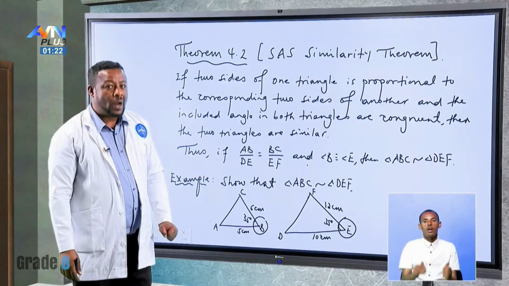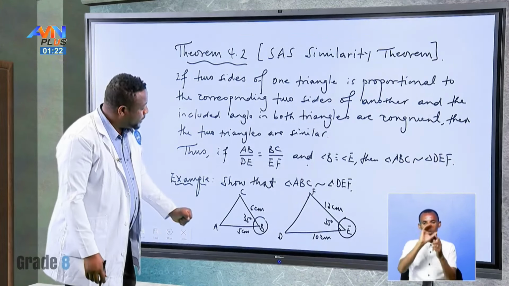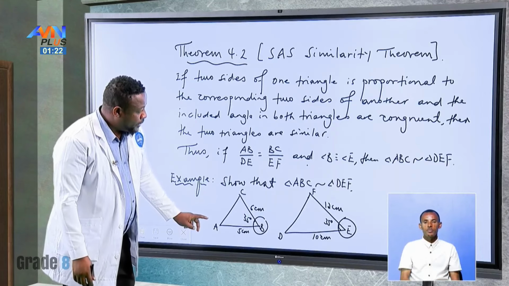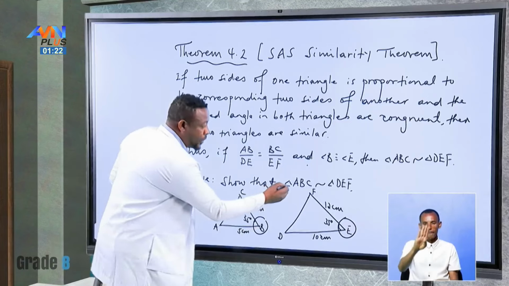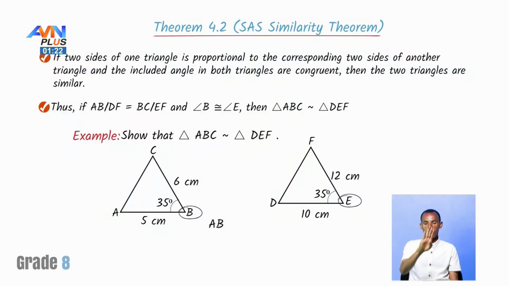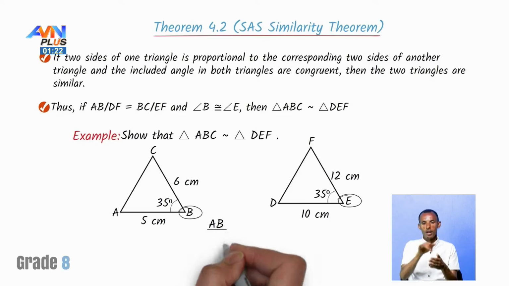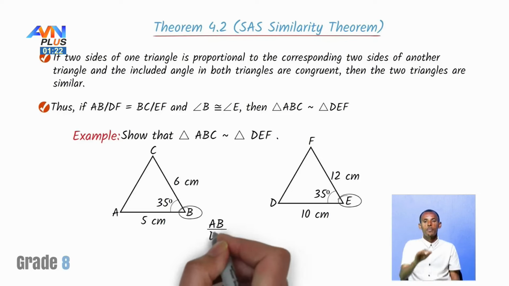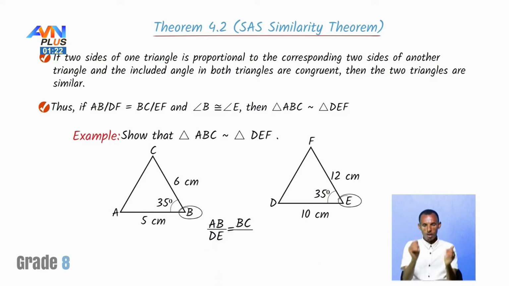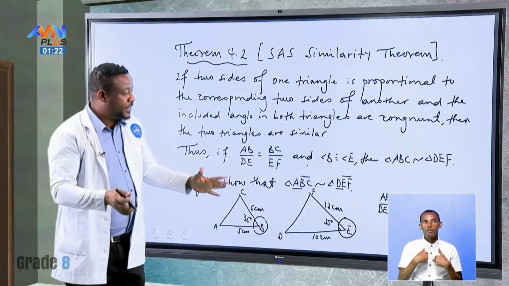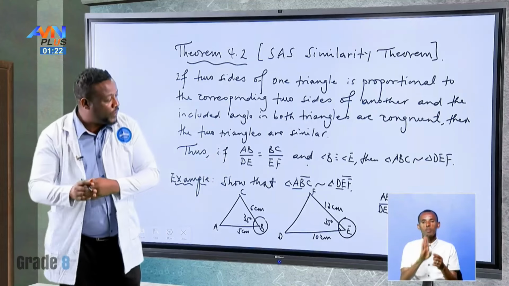So we have one condition. The other condition is the ratio of AB over DE, this is the same as BC over EF, okay? We need to have this condition fulfilled, right?